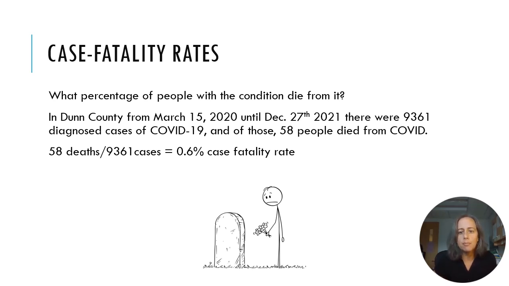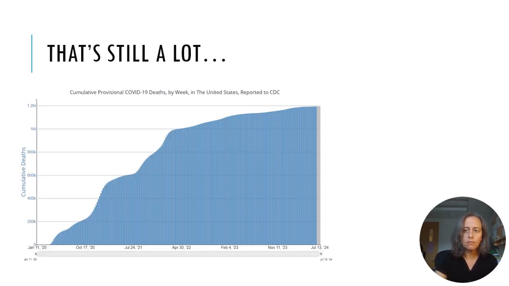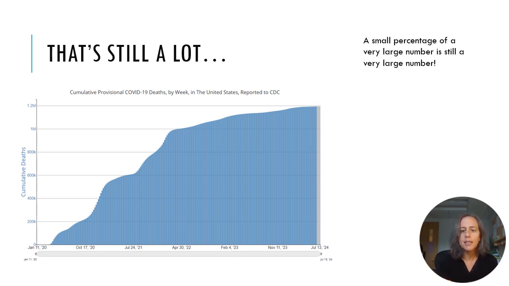So what's the big deal? Why was everybody freaking out? And why were we all having to wear masks and all that kind of stuff, right? Well, it turns out that 0.6% is still a lot if there's a gazillion people getting infected. So a small percentage of a huge number is still a very large number.